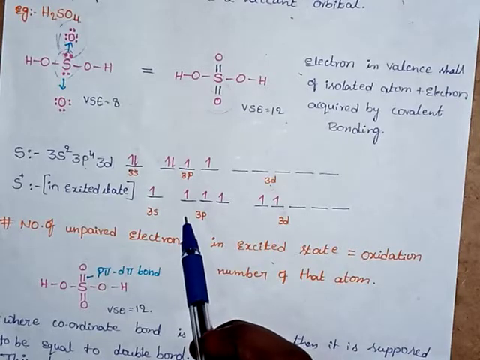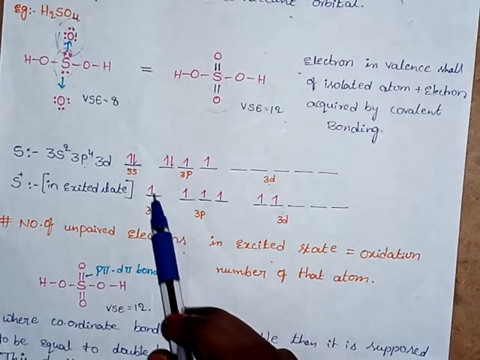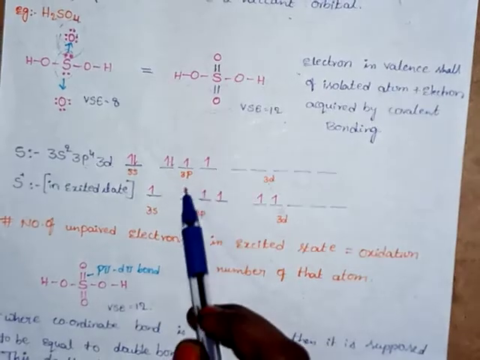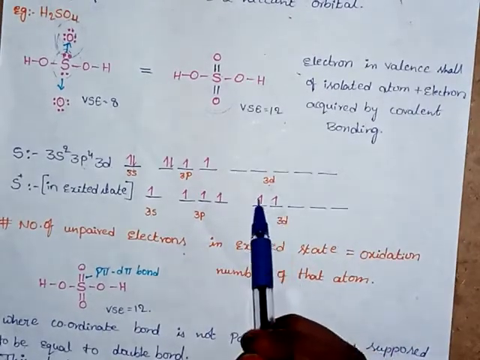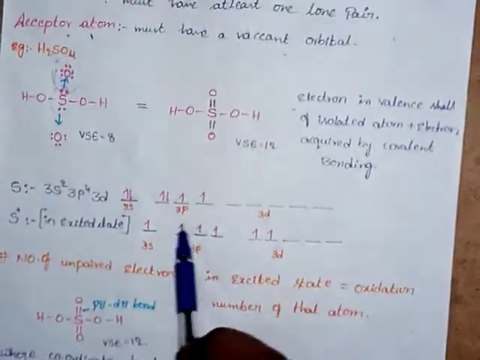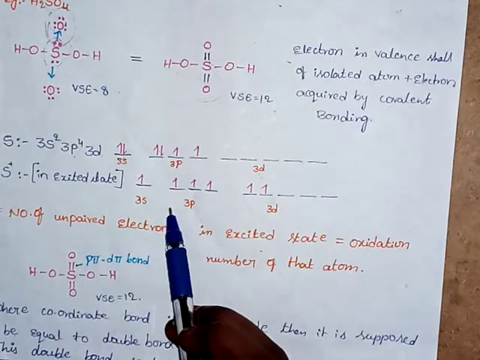All orbitals are half filled, like this. The 3s orbital has one electron, the 3p orbitals have 3 electrons, and the 3d orbitals have 2 electrons. All are half filled orbitals. This is the excited state formation.